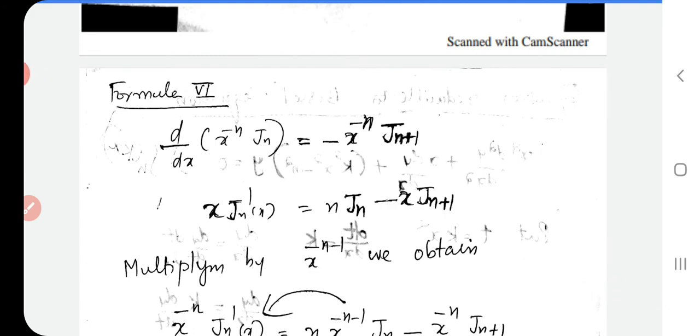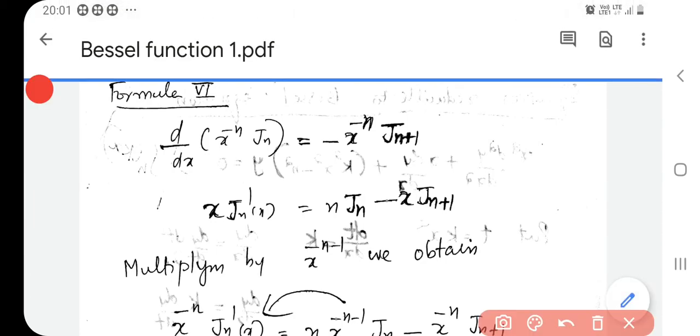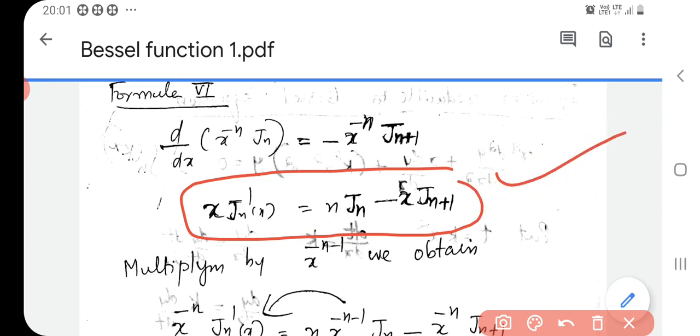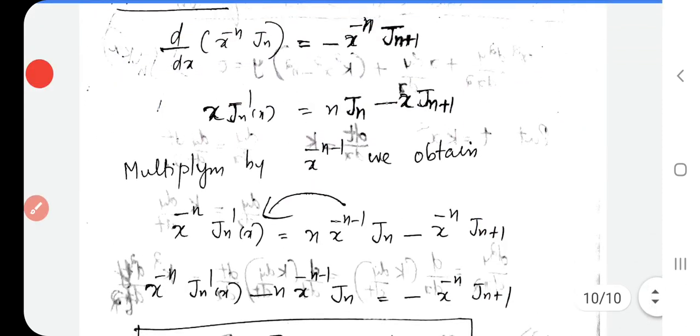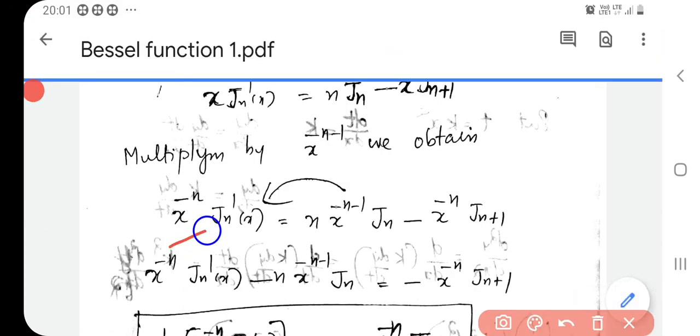For obtaining this, start from the first recurrence formula. This is the first recurrence formula. We multiply both sides by x to the power minus n minus 1. So you get x to the power minus n here.